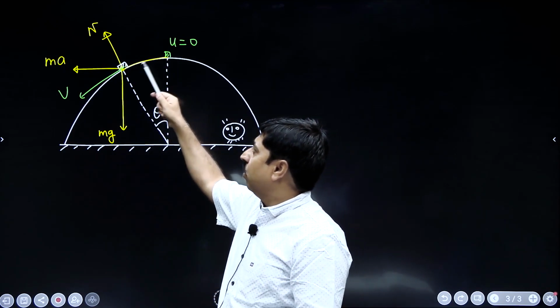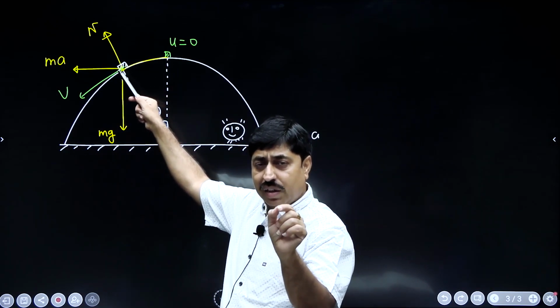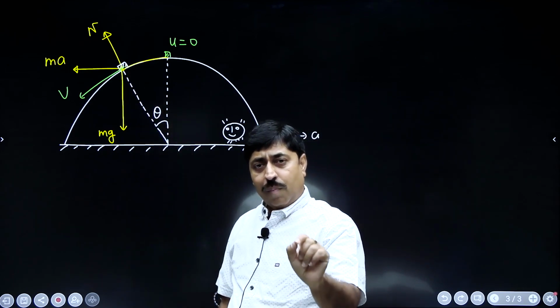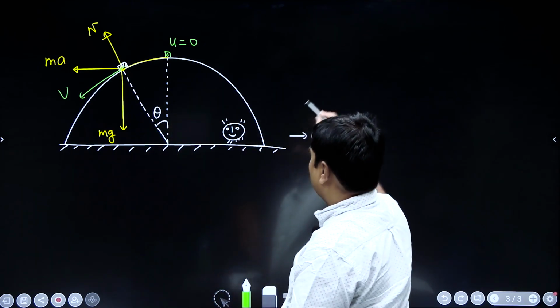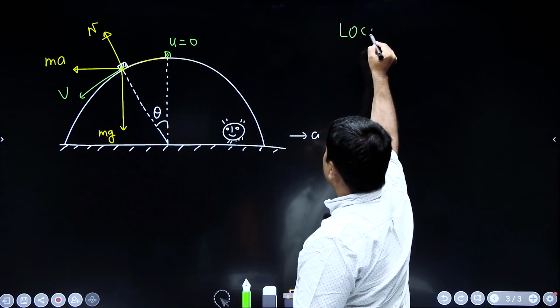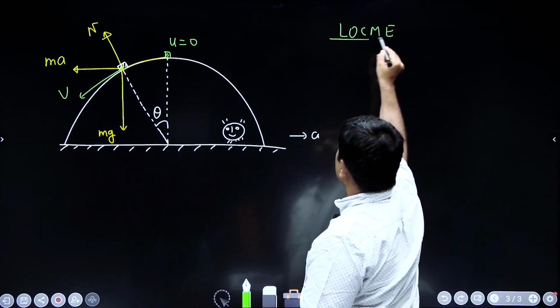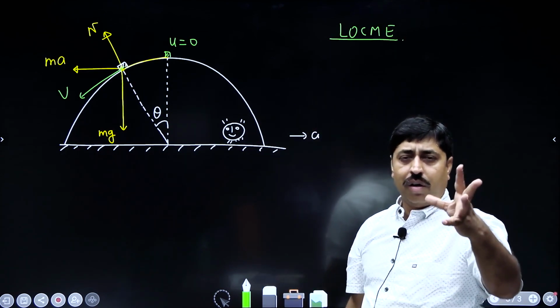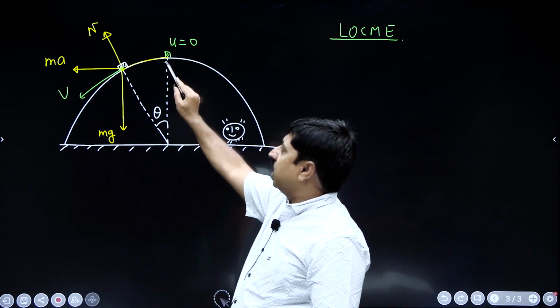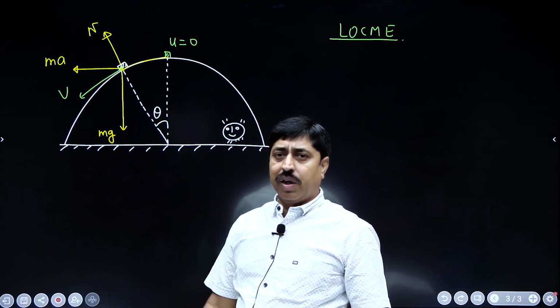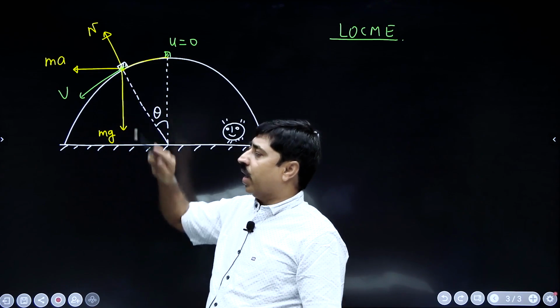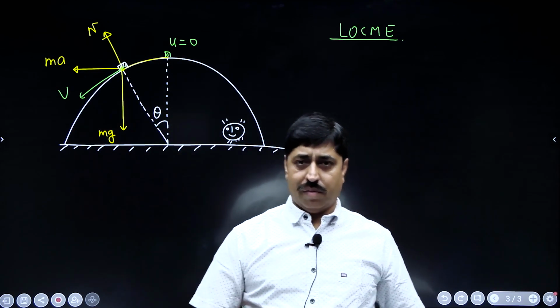Here speed is 0, we can write speed at this point by applying law of conservation of mechanical energy. How do I use this law? The total mechanical energy at this point is equal to total mechanical energy at this point, right?